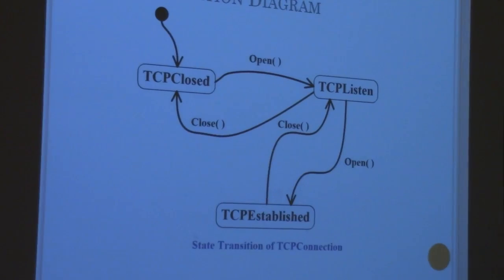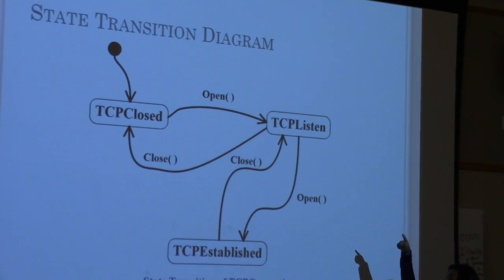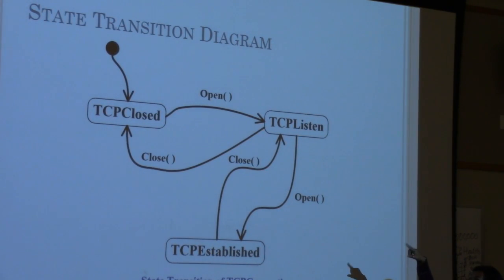So here is your example on the TCP. Here is your basic state diagram. When you start, you have TCP closed. When you get an open request, the TCP goes to the listen mode. Another open request goes to established. If it is closed, then the connection goes into the listen mode.